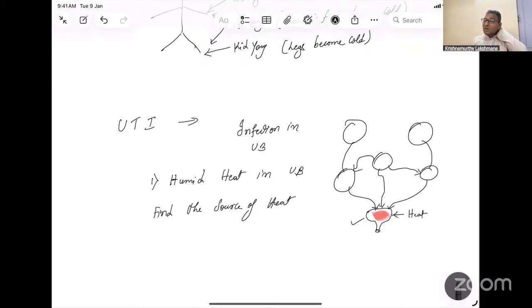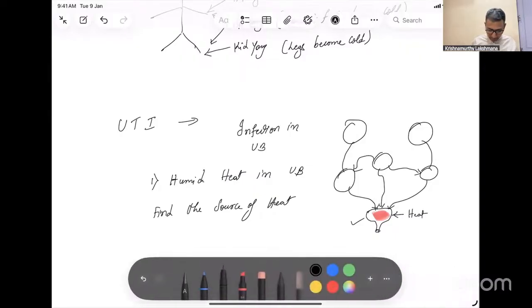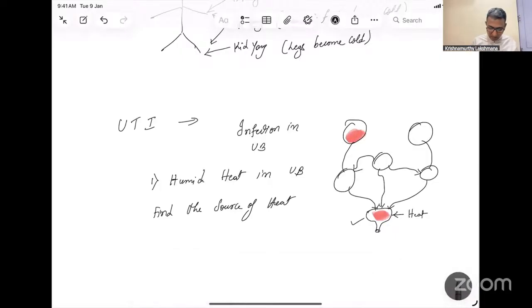So the next probable thing is, say, the heart. If there is excess heart fire blazing, excess heat in the heart, then it can come through the organ clock.